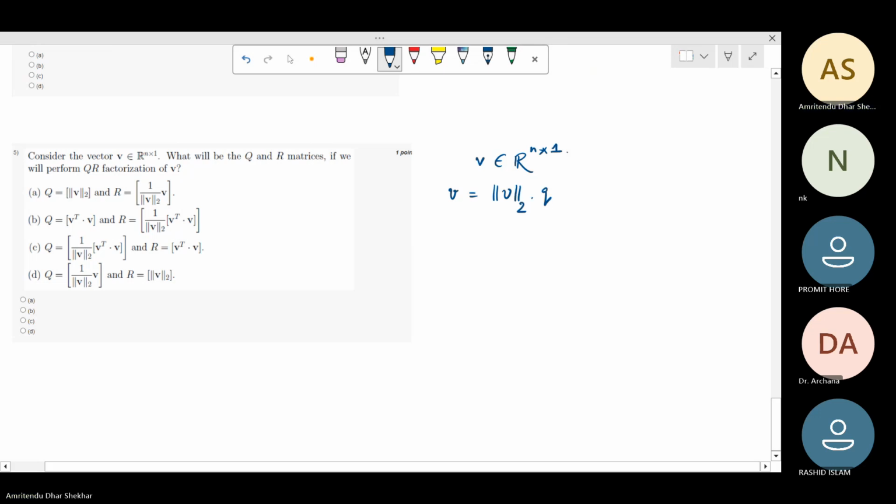That vector q is going to be v divided by norm of v, and this is going to be the value of r, which is just a scalar in this case, norm of v.